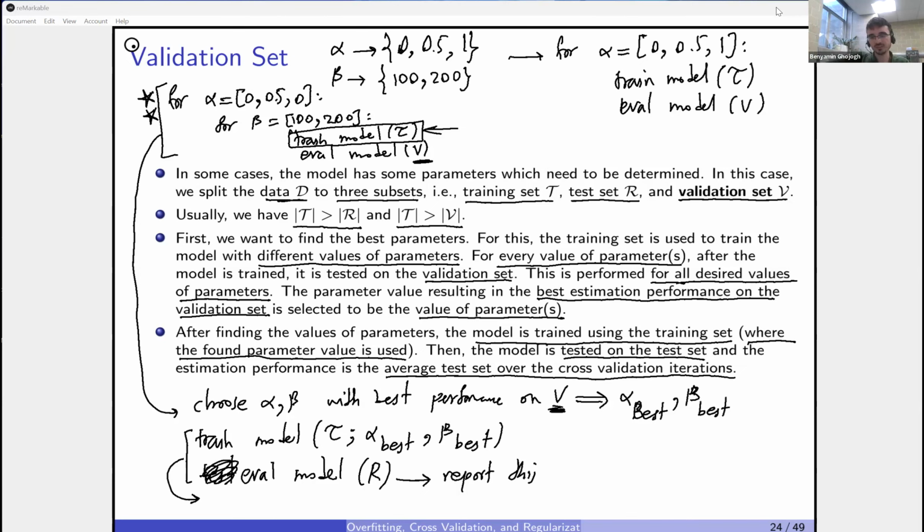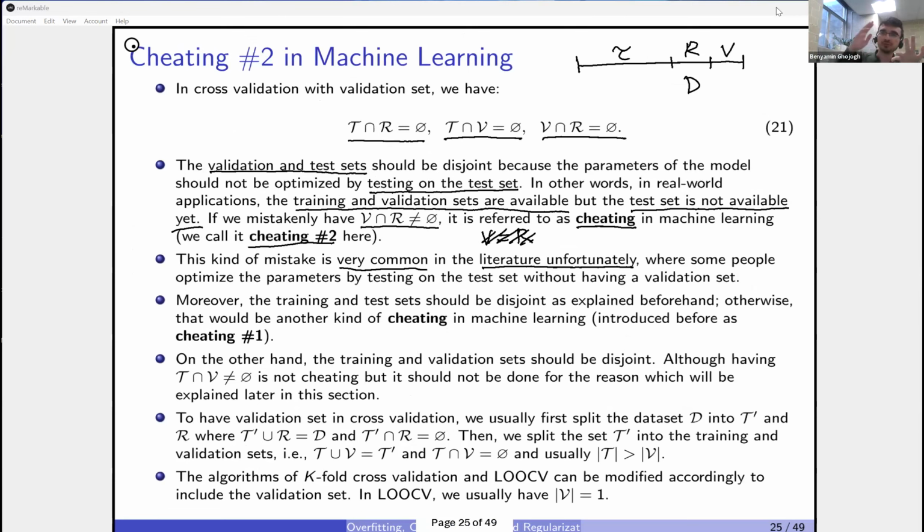Okay. I'm saying that if you're lazy or if you don't have time to do the cross-validation nested loop, at least use the validation set for choosing your hyperparameters. Not the test set. Whereas some people optimize the parameters by testing on the test set without having a validation set.